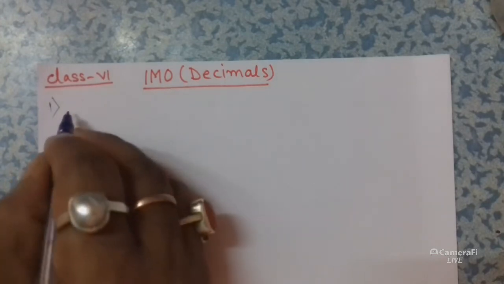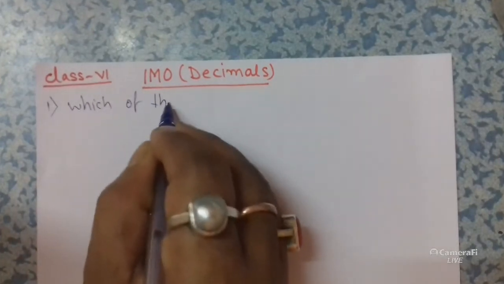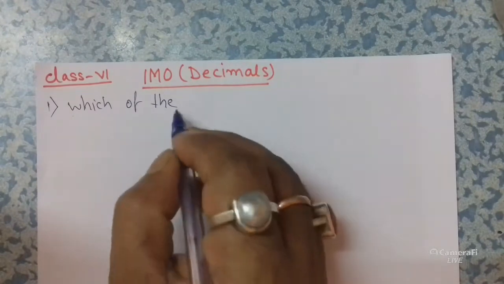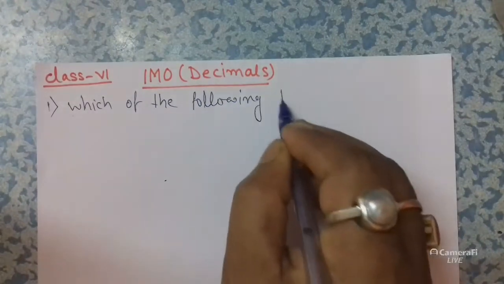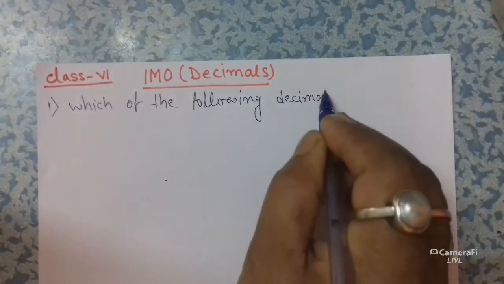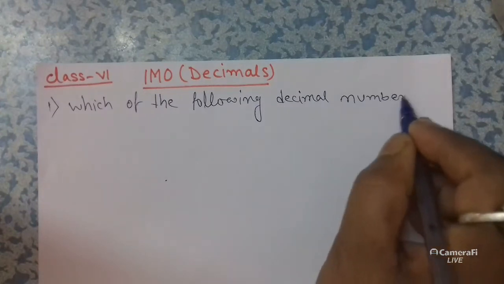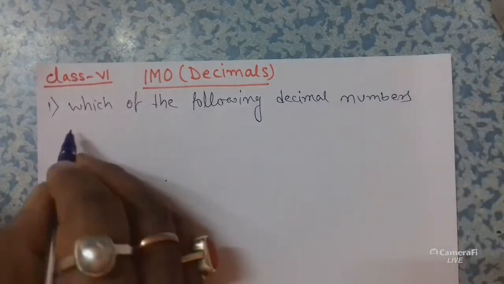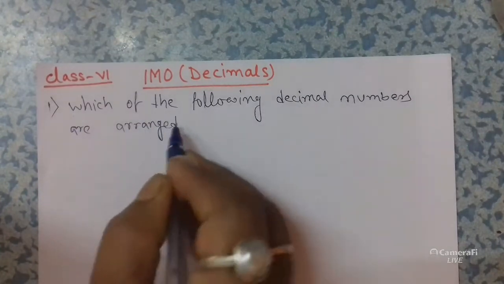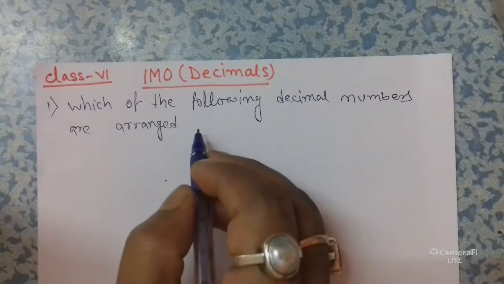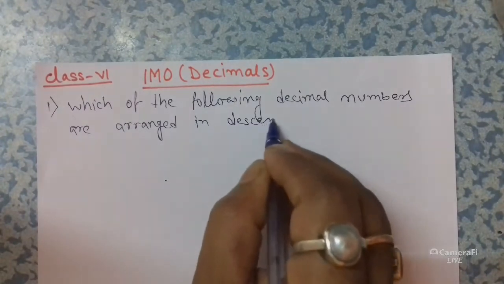Which of the following decimal numbers are arranged in descending order?